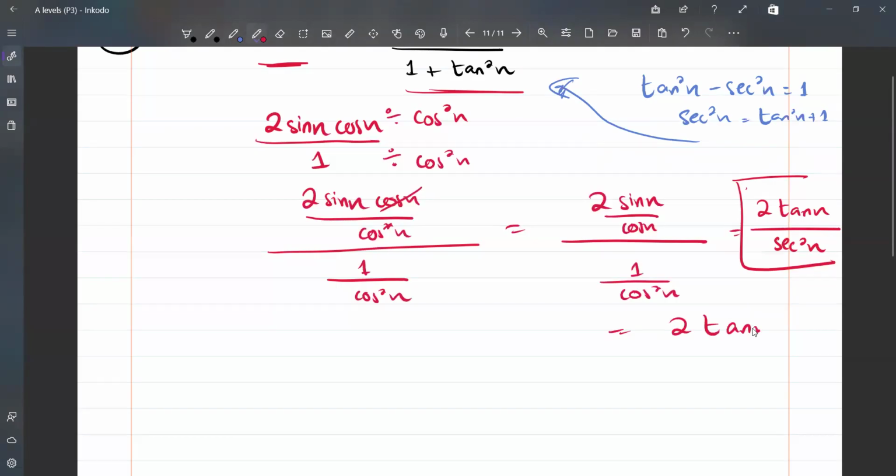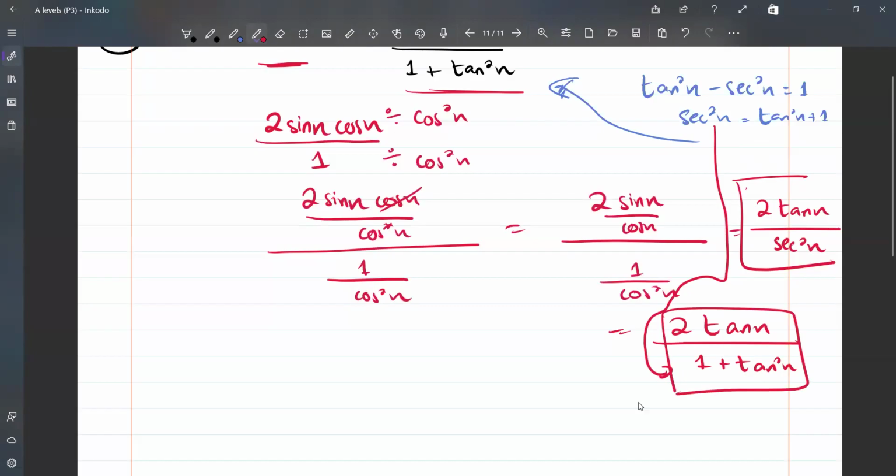2 tan x upon 1 plus tan square x because sec square x is equal to 1 plus tan square x. So yes, we have shown it. This was tricky yet straightforward.